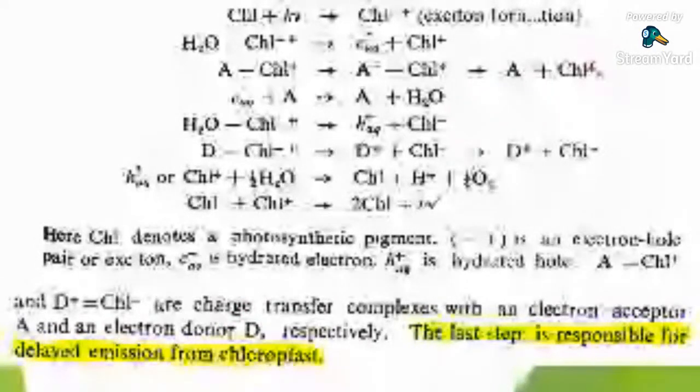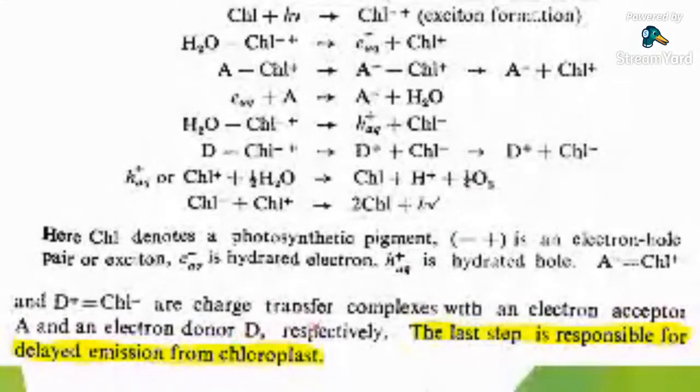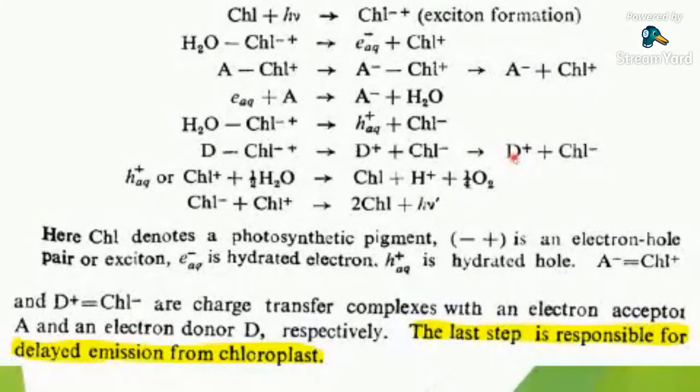So A minus chlorophyll plus and D plus chlorophyll minus are the electron acceptor and electron donor complexes, the charge transfer complexes of an electron, respectively.